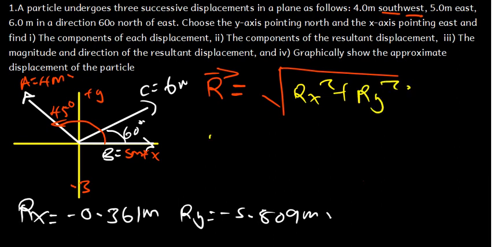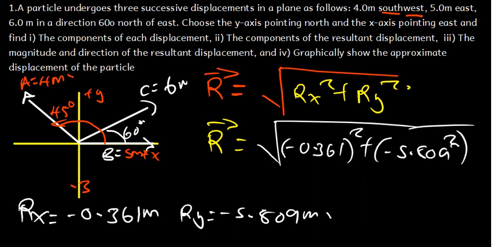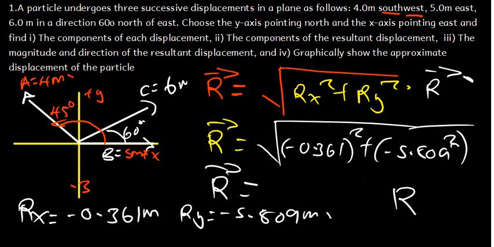Rx is negative, so we're going to put them in brackets: negative 0.361 plus negative 5.809, squared. The reason I'm putting this is just because it's a vector. The moment I leave it like this, it is a scalar. A vector you can represent using modulus or by putting an arrow on top.